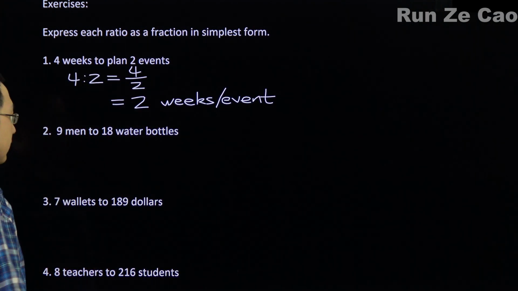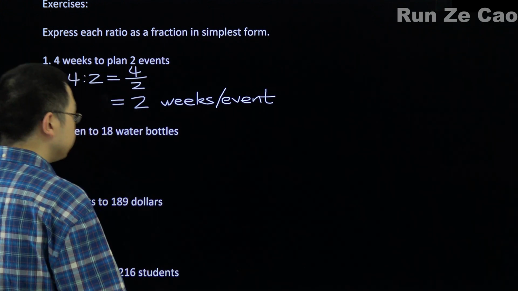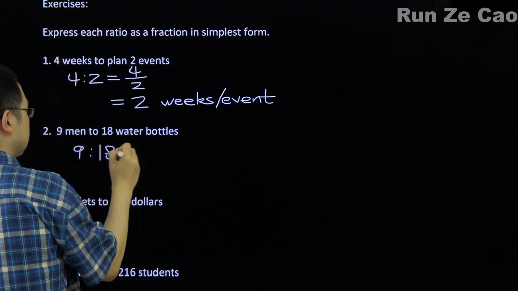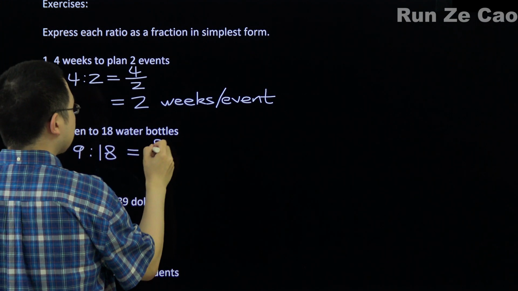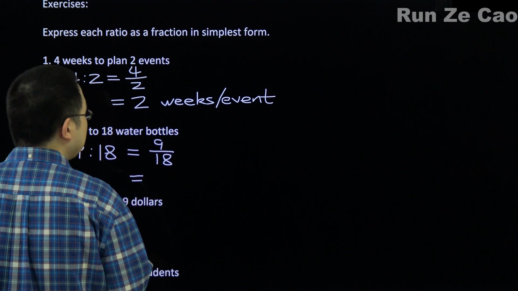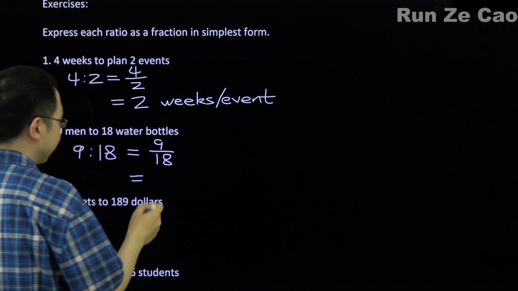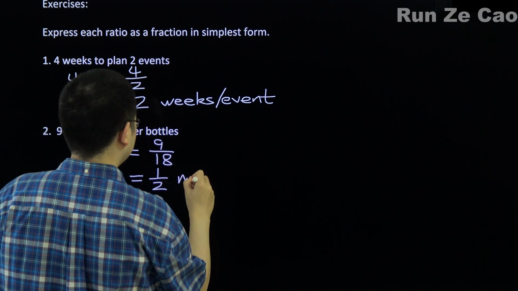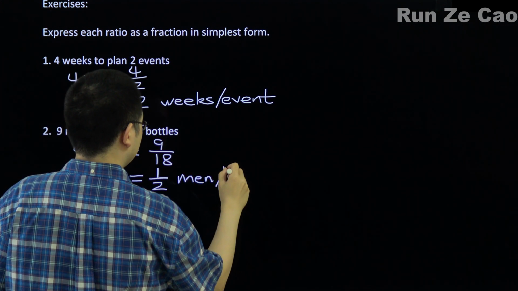9 men to 18 water bottles. Well, you got 9 to 18, which is equal to 9 over 18 in fraction form. And then simplest form, 1/2 men per bottle.